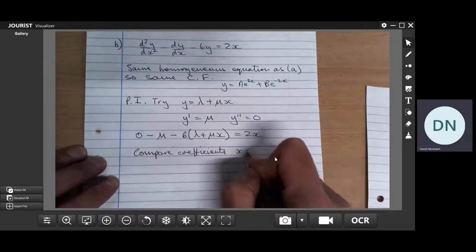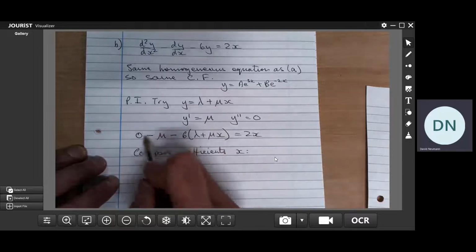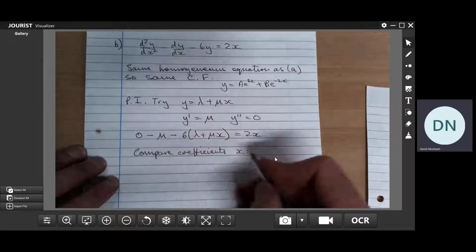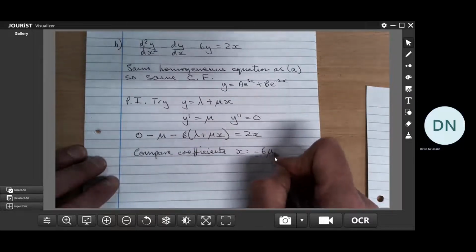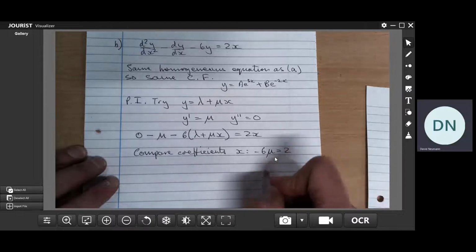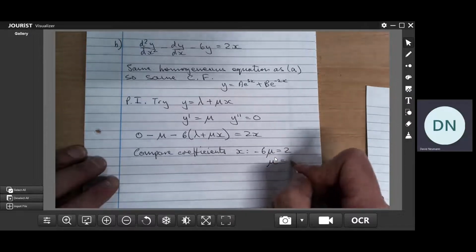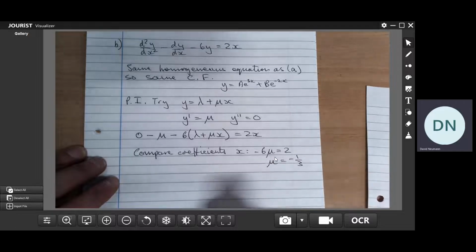So x: on the left-hand side we've got nothing from here, we've got minus 6 mu is equal to 2, so mu is equal to negative a third.